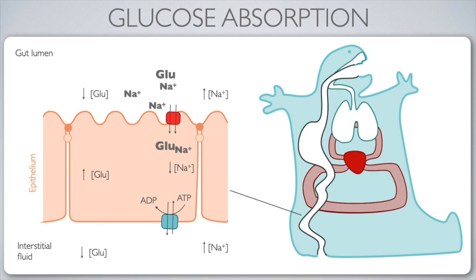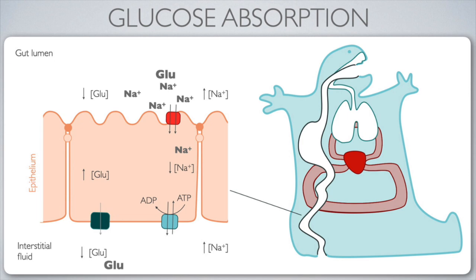And once the glucose is in the interior of the cell, then it's free to move down its chemical concentration difference on the basal side of the cell, and it doesn't require any ATP, because that is a favorable direction in terms of the concentration difference across that membrane.